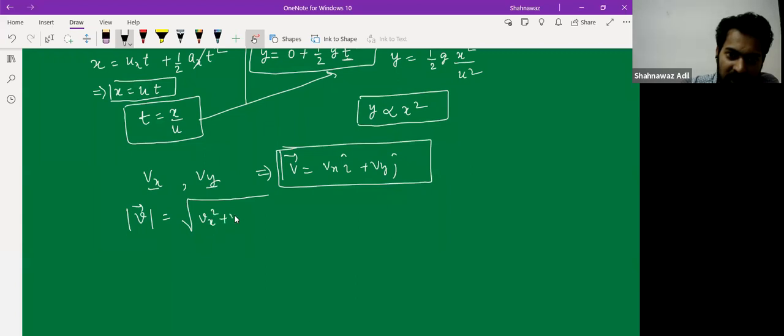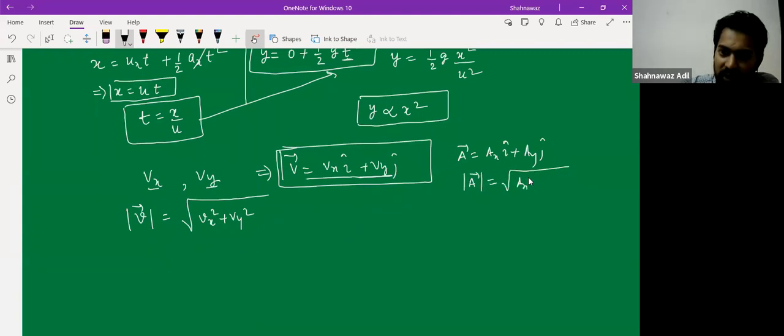Vx square plus Vy square, right? The vector, remember the vector? Yes, sir. So this was Ax i and Ay j. So magnitude of A was what? Root of Ax square plus Ay square, right?